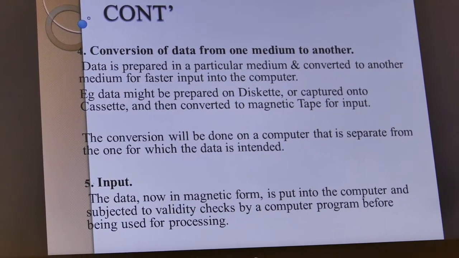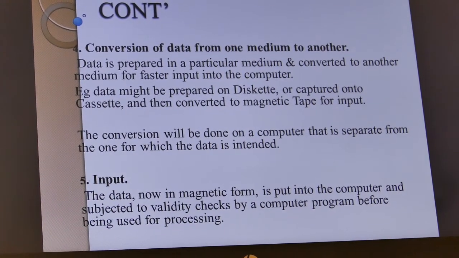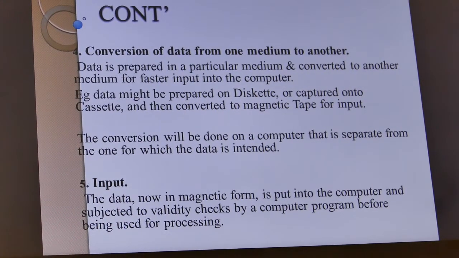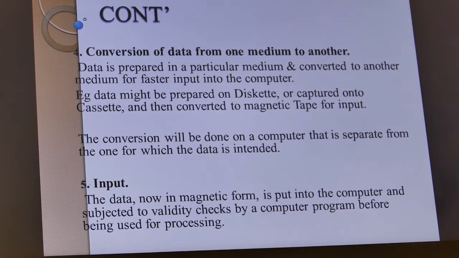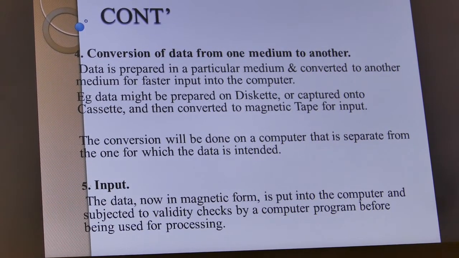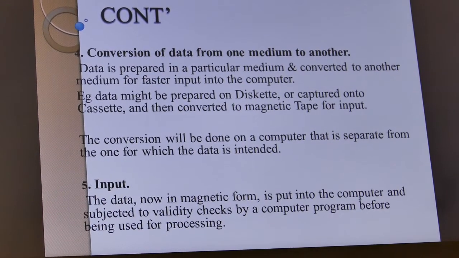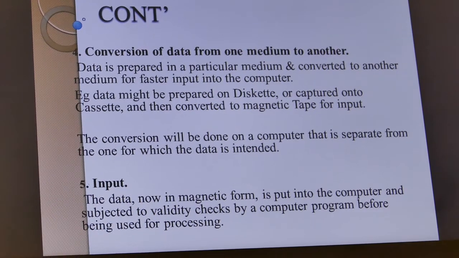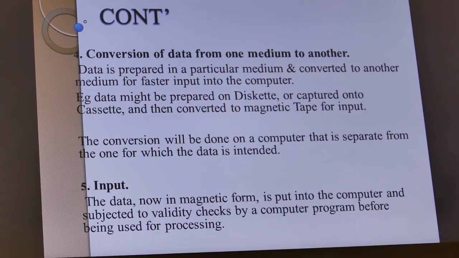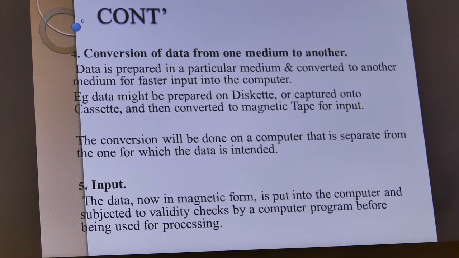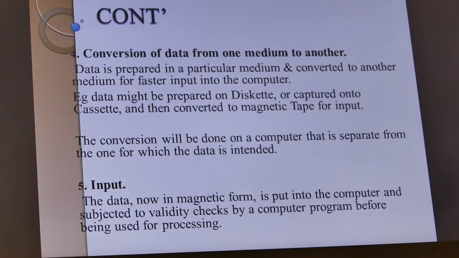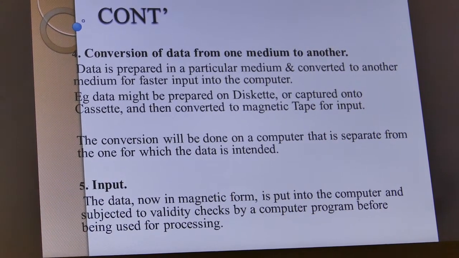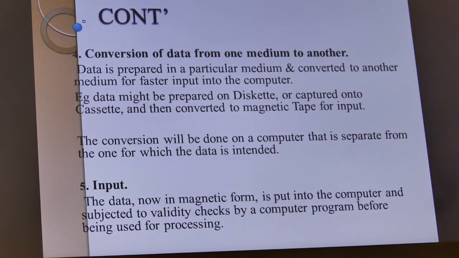Four, conversion of data from one medium to another. Data is prepared in a particular medium and converted to another for fast input into the computer, e.g., data might be prepared on a diskette, captured on a cassette, then it can be converted to a magnetic tape or magnetic disc so that you can use it when you want to input into the computer for processing.